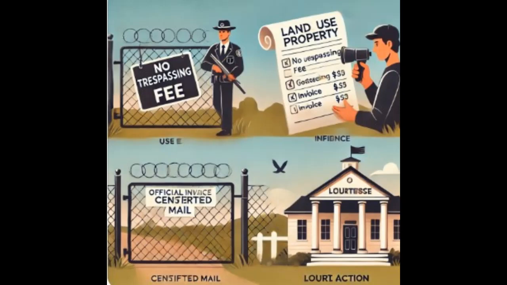2. Document unauthorized use. Gather evidence. If someone enters your land without permission and you intend to enforce land use fees, you will need to gather strong evidence of the unauthorized use. This could include photographs or video footage showing the trespasser or unauthorized activity on your property, witness statements from neighbors or employees who observed the entry, any documents left by trespassers, e.g., government inspectors leaving notes or papers.